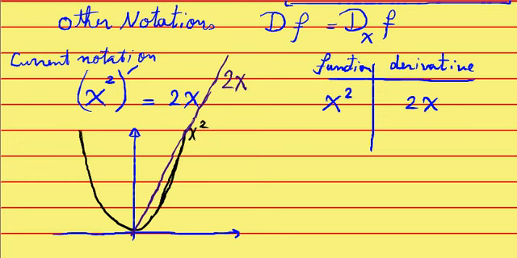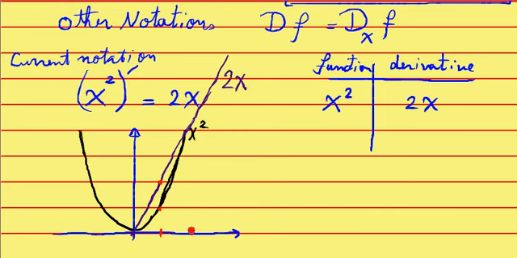What this means is that if I pick any point, for example here, if I pick 1, the value of the function comes from x squared, so the height is also 1. The value of the slope comes from this. If you take 1 and plug it in 2x, you get 2. So function is 1, derivative is 2.